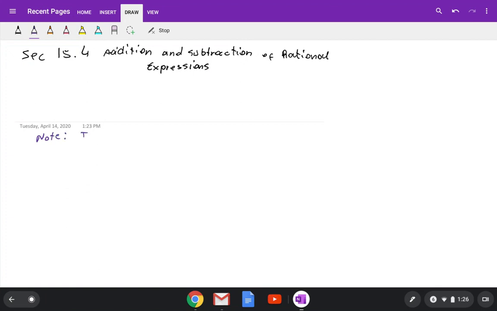To add or subtract rational expressions, we need to have the same denominator.